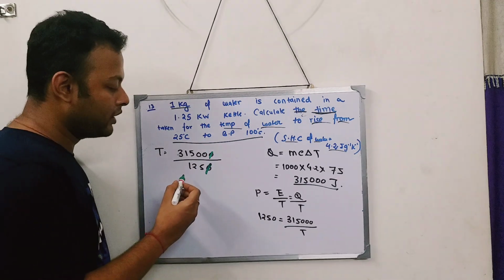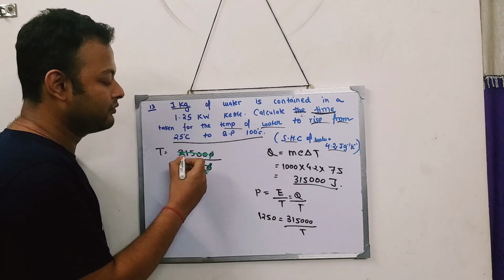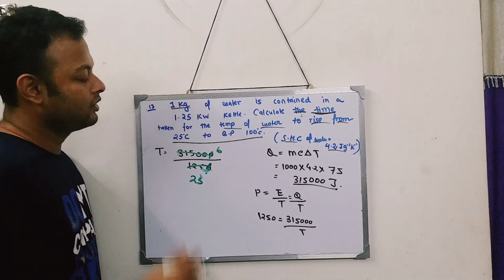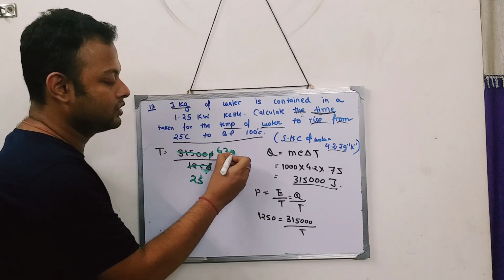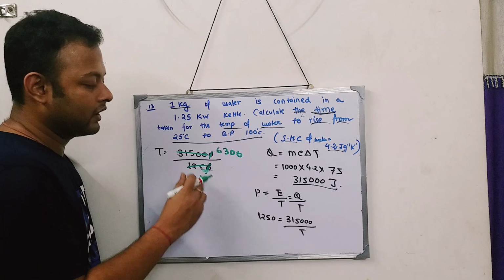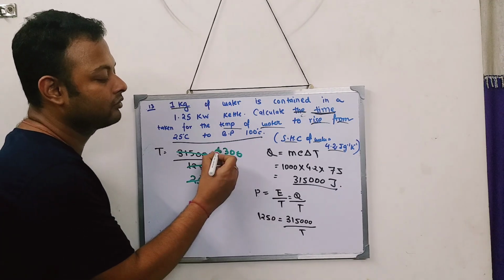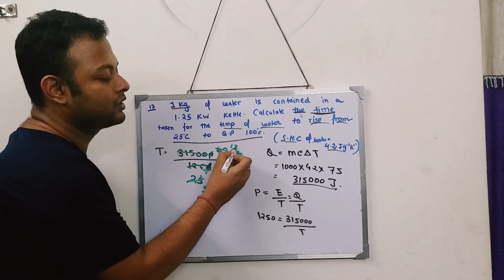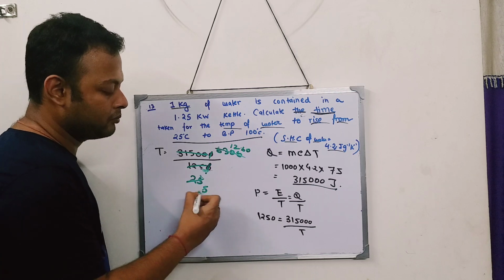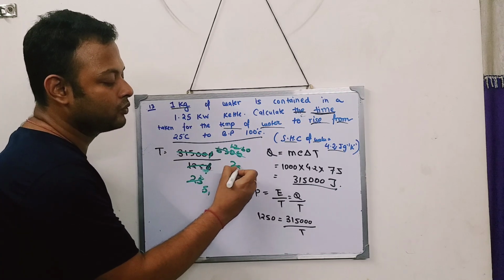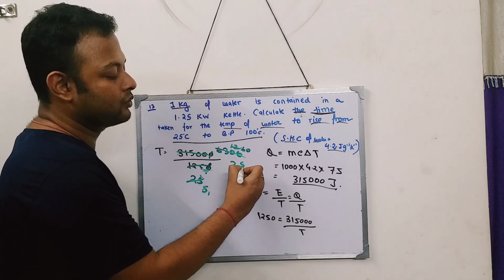Now if I cancel by 5, 5 6s are 30, carry 1, 5 3s are 15, 0, 0. Again you can cancel, by 5, 5 5s are 25, 5 12s are 60, carry 3, 0. Again if you cancel by 5, 5 2s are 10, carry 2, 5 5s are 25, 2.